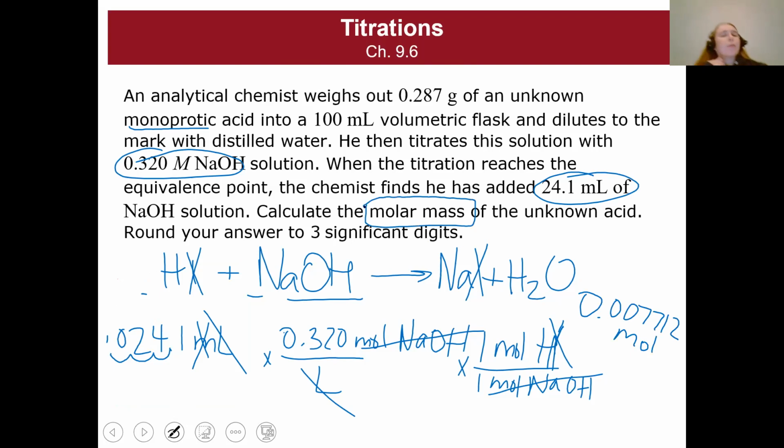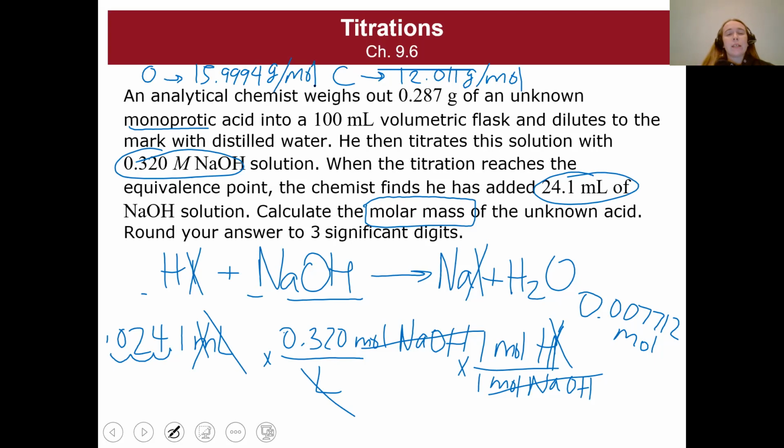So let's think about molar masses. What are some examples of molar masses? Well, if we look on the periodic table, carbon's molar mass is 12.011 grams per mole. Oxygen is 15.9994 if we use our quiz periodic table, grams per mole.